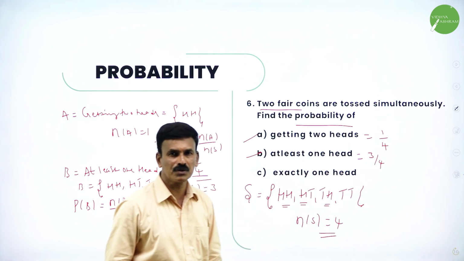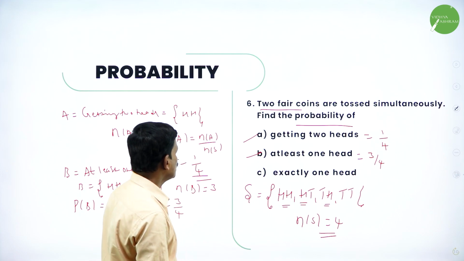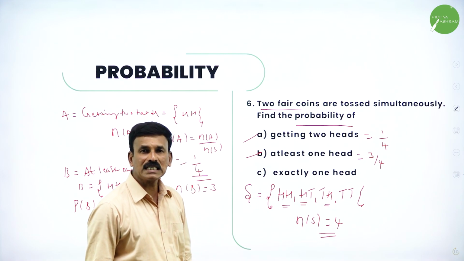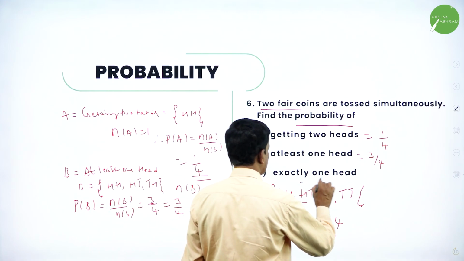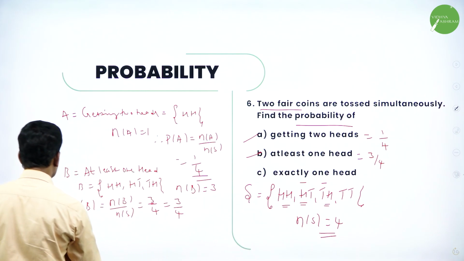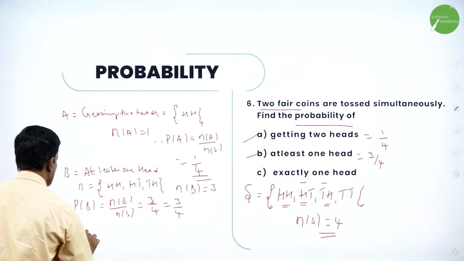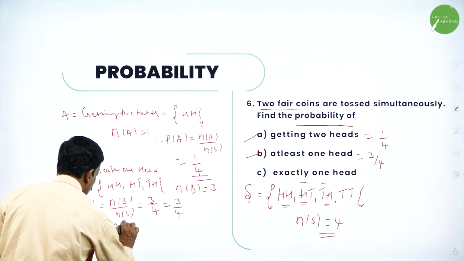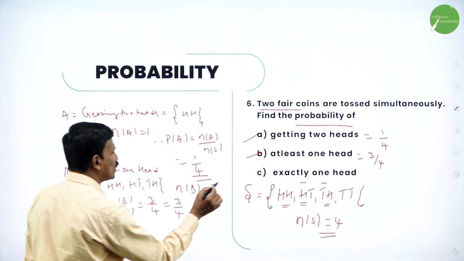Now move on to the next, exactly one head. Exactly one head means one head and no other head, not two heads. So let us define C as exactly one head.